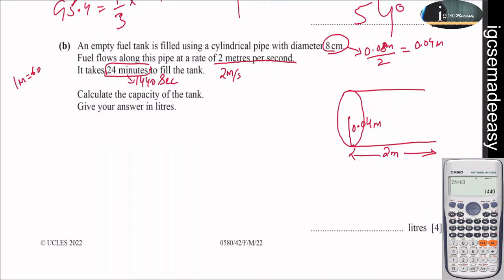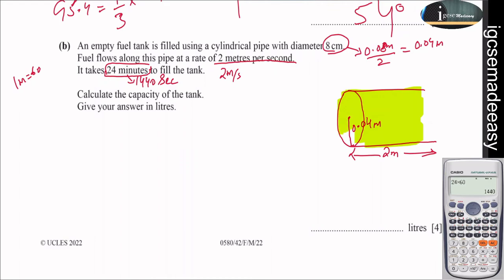Now it means that in a second, 2 meter length of the pipe can sweep out all the water inside it, right? Let's say this is 2 meter, and this can sweep out 2 meter of volume in just a second.